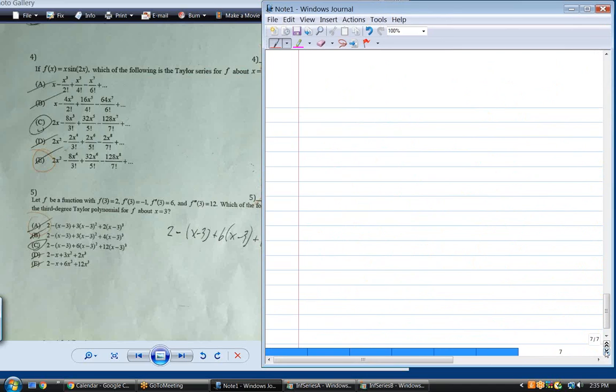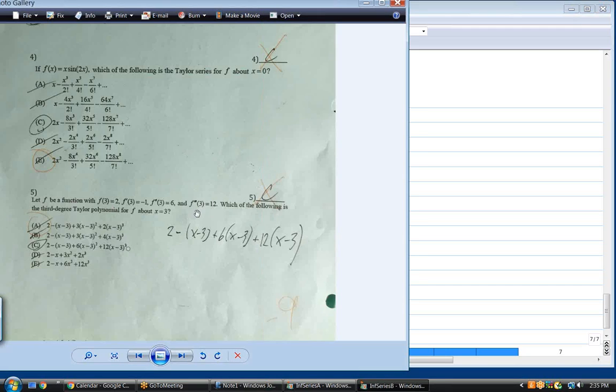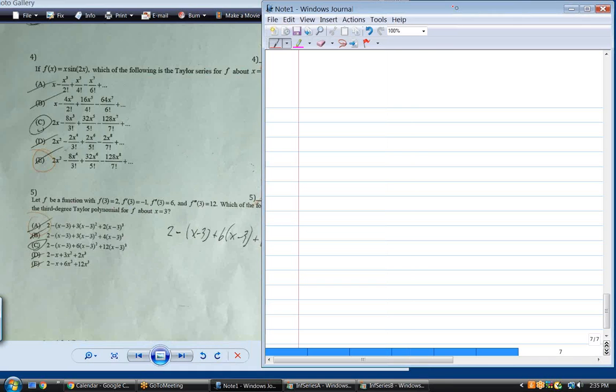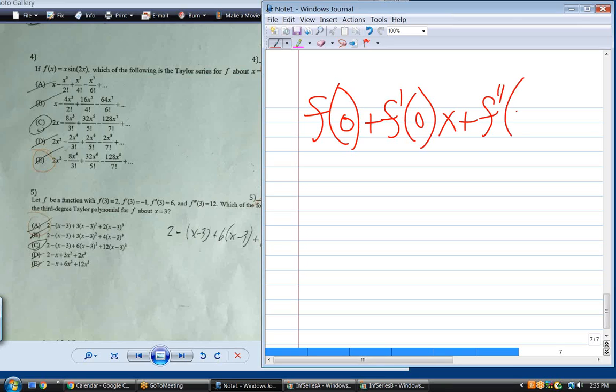In other words, they don't give you the function, so you can't really figure out the Taylor polynomial, but we know a Taylor polynomial is made up of this, and so forth, right?